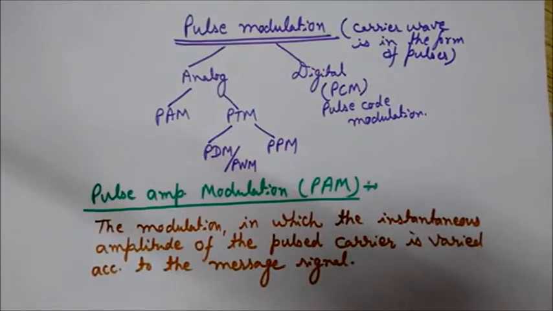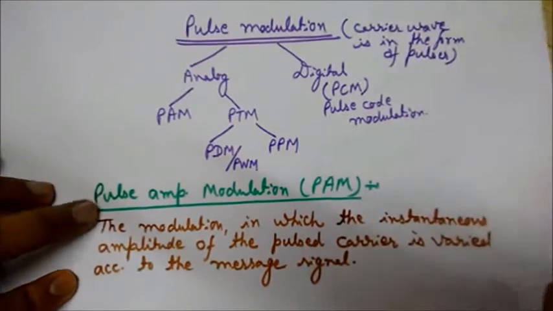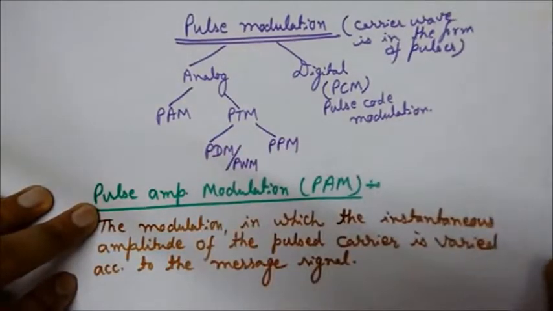So this is the definition. Now we will see the definition of another type, the pulse duration modulation, also called pulse width modulation. Later we will understand the waveforms of each type. Again, pulse time modulation.